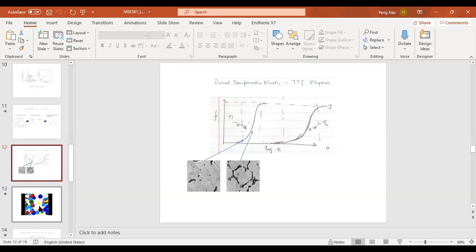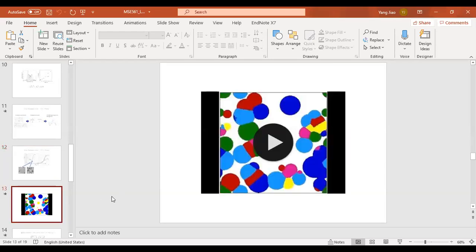I showed you this animation before, which is hard to make work, so I won't show it again. But this is another ideal example that I have. In this case, all my alpha phase eventually transforms to the beta phase: a solid phase which is completely taken over by a different solid phase. In this process, we see particles of different sizes pop up in the system and start to grow.